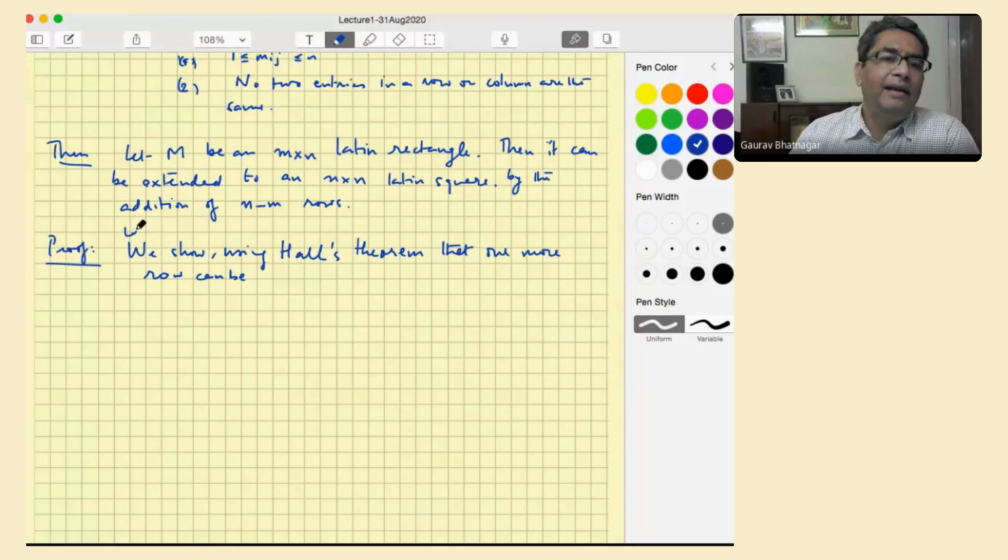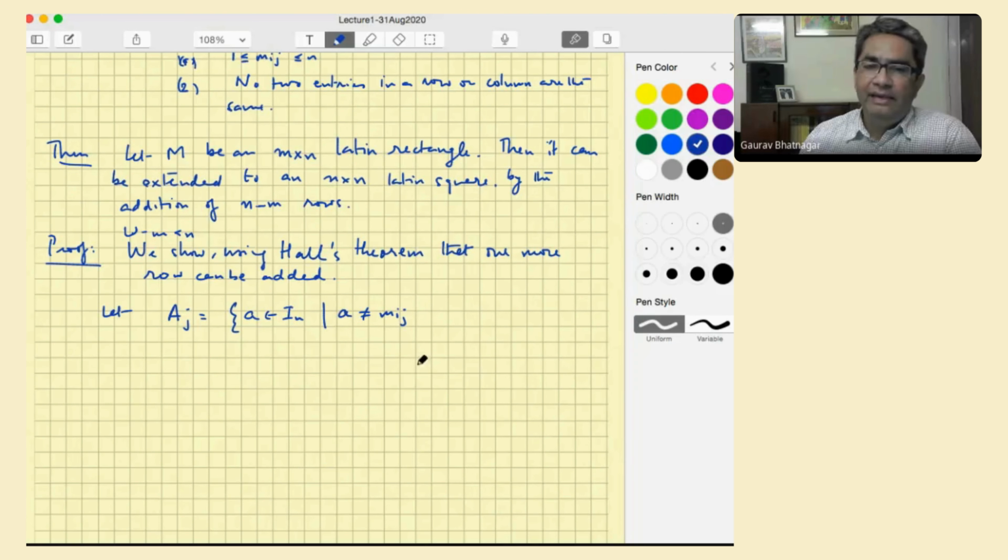So let m be less than n. We show one more row can be added, and the proof idea is as follows: let A_j be the elements such that a is not equal to M_ij.